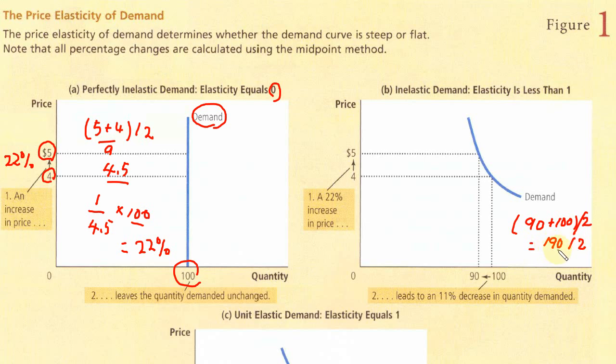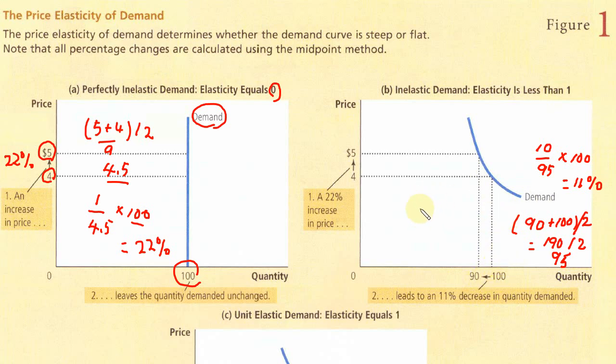Then what can happen? This one is the midpoint. If this one is an 11% decrease, a decrease of demand.